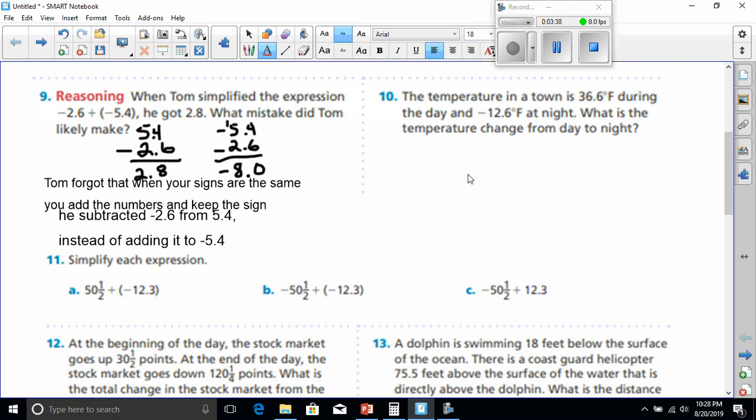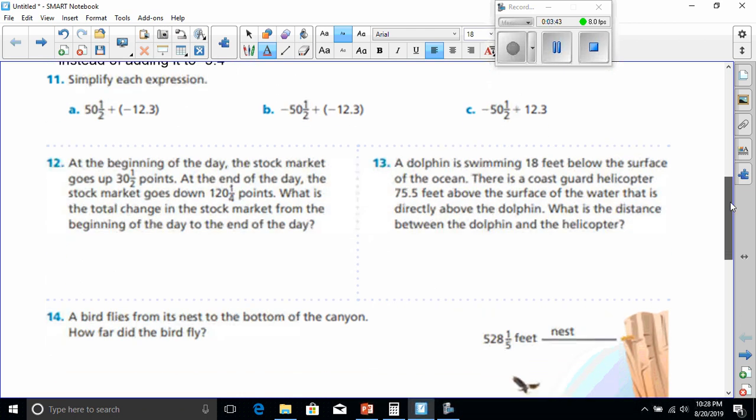All right, let's go to number 11 now. Simplify each expression. Looks like I got some work to do here. I got 3 of them. Well, the first one is 50 and 1/2 plus negative 12.3. Remember we got to turn this into a decimal before we can combine it. And 1/2 we know is going to give us 0.5.